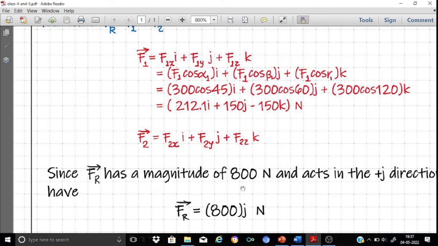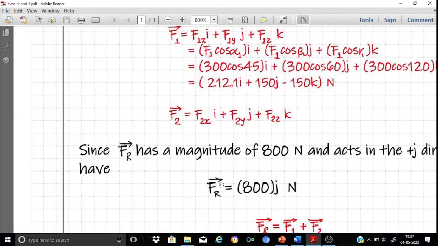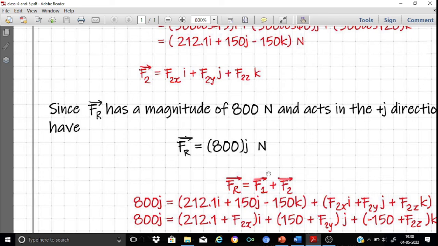It is 800 Newton, and it is given that it acts along the positive y-axis. It means that Fr can be straight away written as its magnitude, 800, times the unit vector. What is the unit vector along the positive y-axis? It is j. So we have expressed vector F1 and vector Fr in the Cartesian format. We need to find out what F2 is.